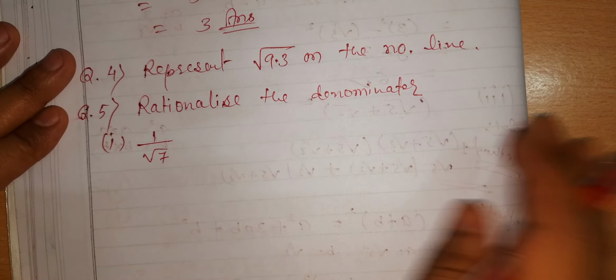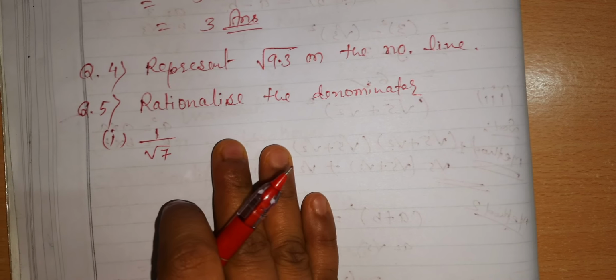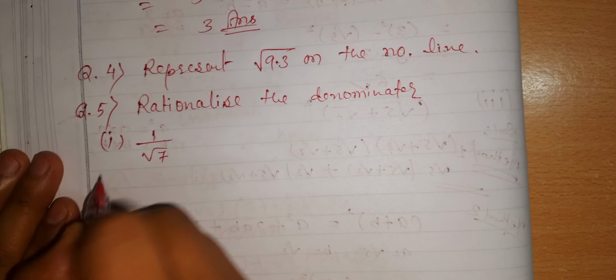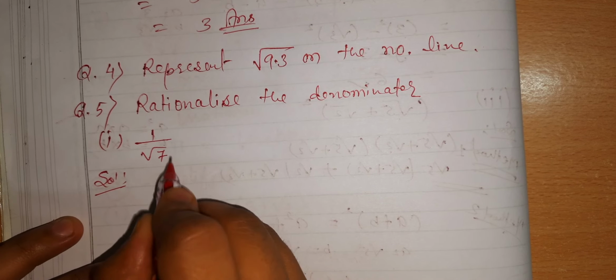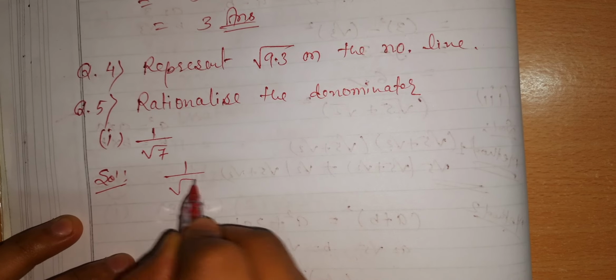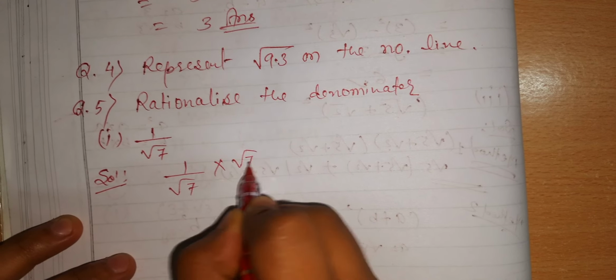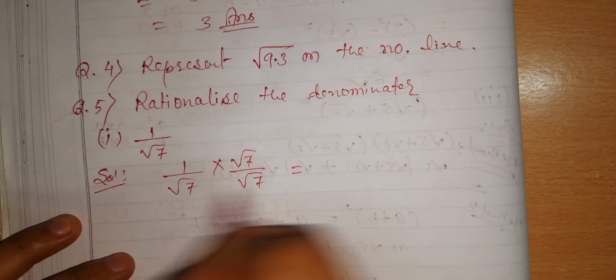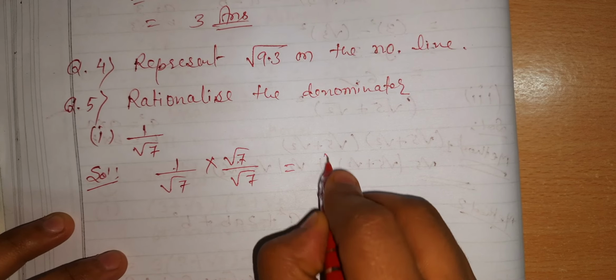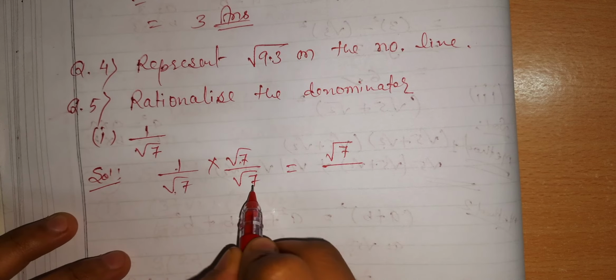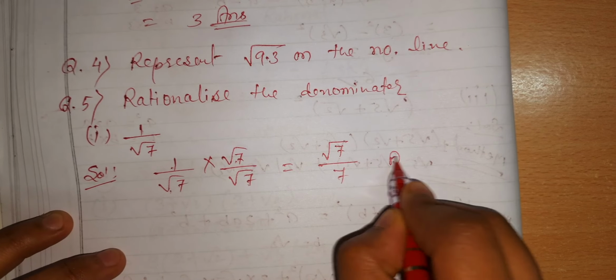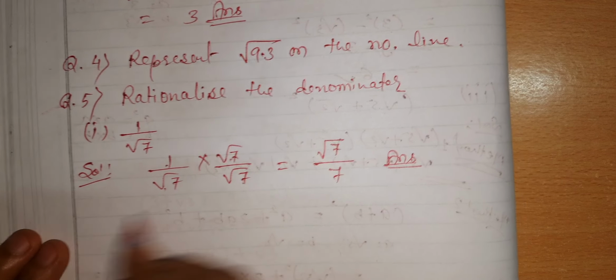But still I will solve all the questions. So here, how to rationalize the denominator? Here we have only one number, the same as 1 by root 2. So 1 by root 7 will multiply by root 7. We will divide by root 7. Now numerator multiply by numerator. So 1 multiply by root 7 is root 7. And root 7 multiply by root 7 is 7. So this is the answer.